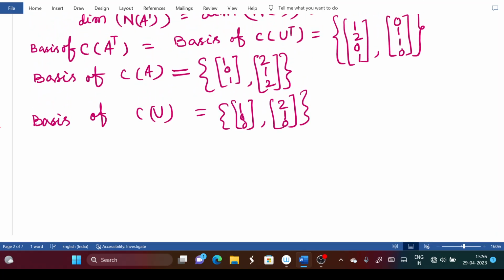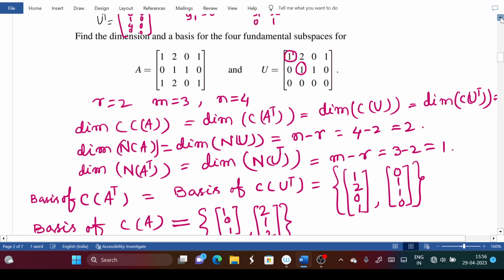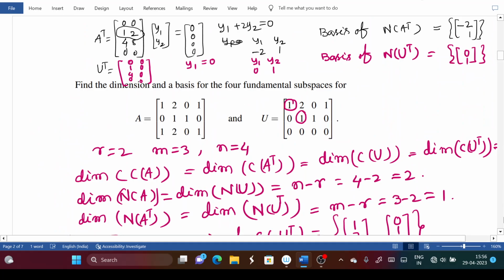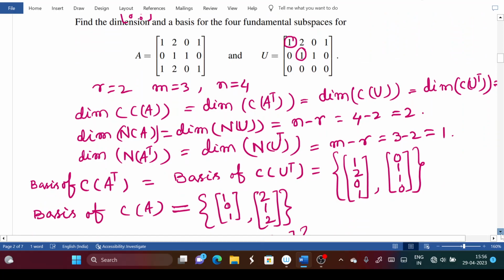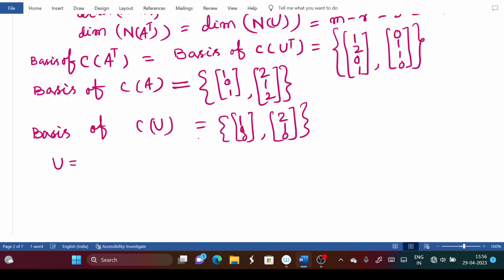Now the matrix U is equal to [1 2 0 1; 0 1 1 2; 0 0 0 0]. This is my U. So here is a pivot, here is a pivot.